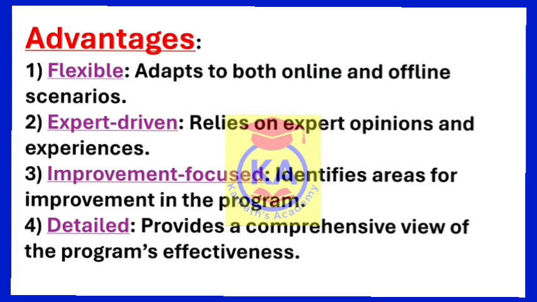Detailed provides a comprehensive view of the program's effectiveness, which means it provides both the strengths or benefits the program has provided as well as the weaknesses of the program. So it gives a detailed view regarding the program's effectiveness.